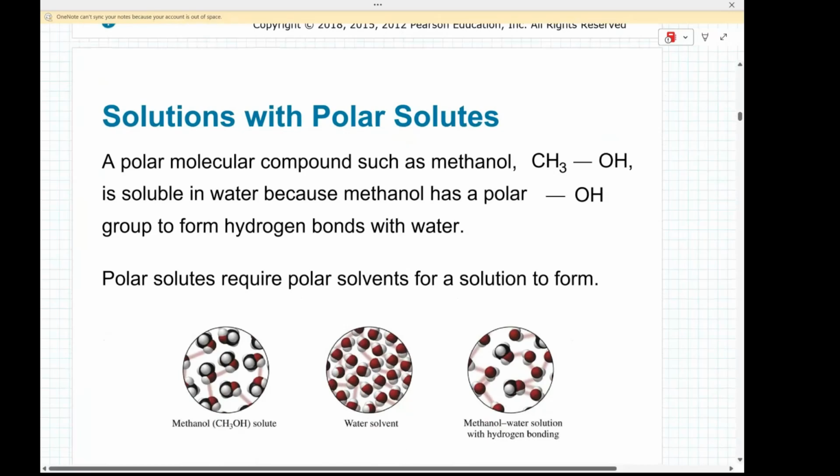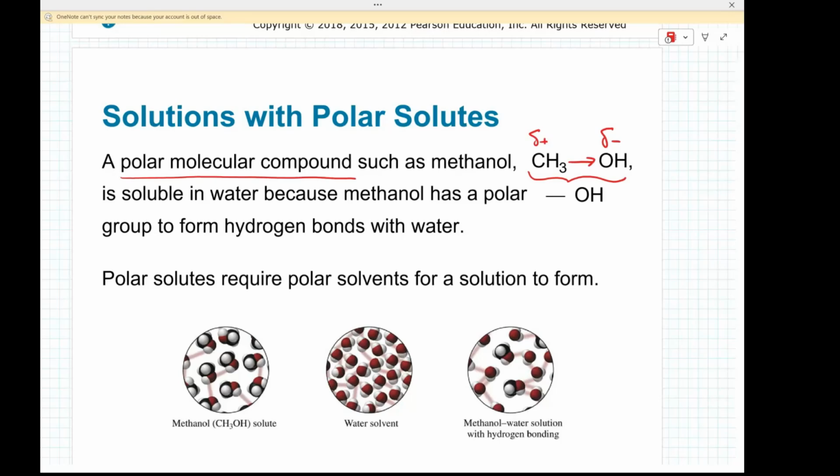Now, polar molecular compounds will also successfully dissolve in water. So, for instance, methyl alcohol or methanol, okay? The bond here is polar. Oxygen has a partially negative charge, and carbon has a partially positive charge.